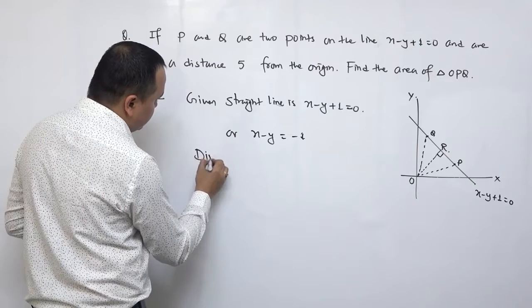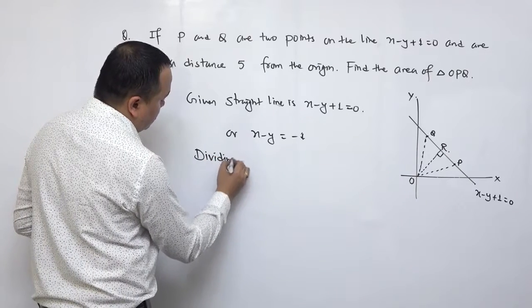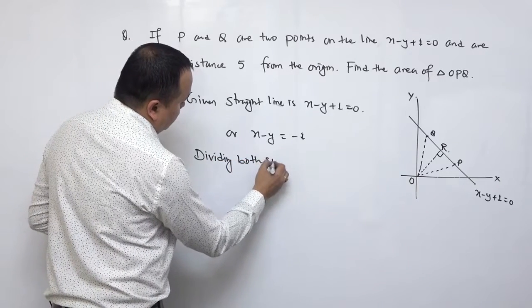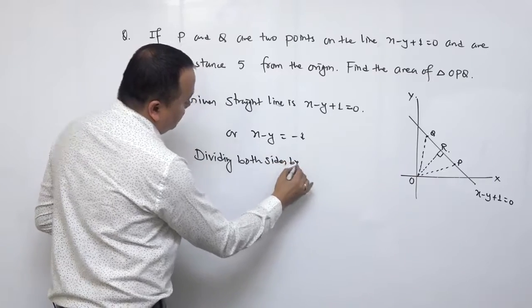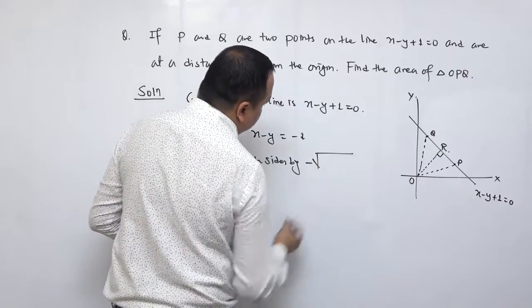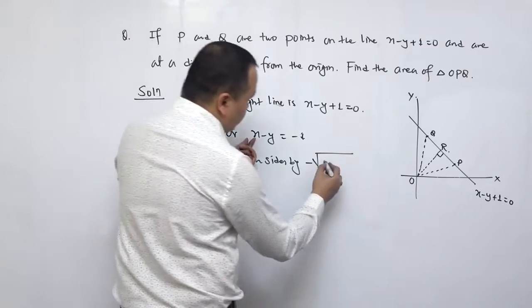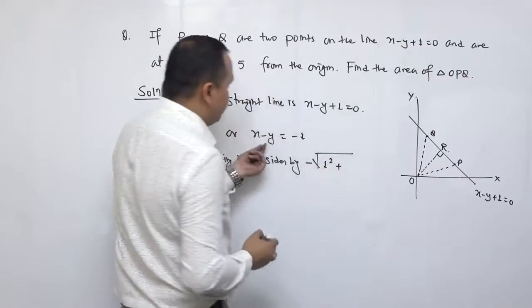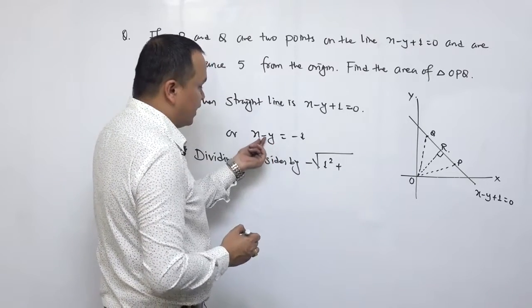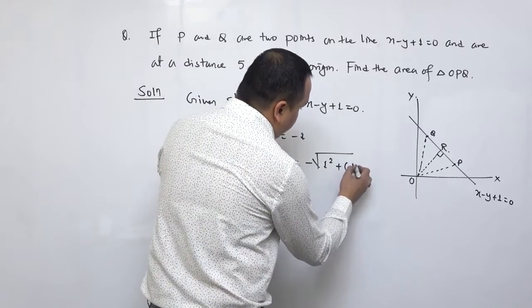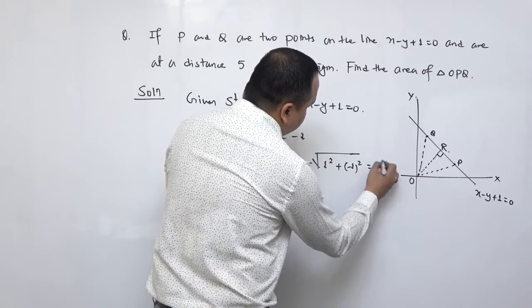Dividing both sides by the square root of the sum of squares of coefficients. Coefficient of x is 1, 1 squared; coefficient of y is minus 1, minus 1 squared, which is 2.